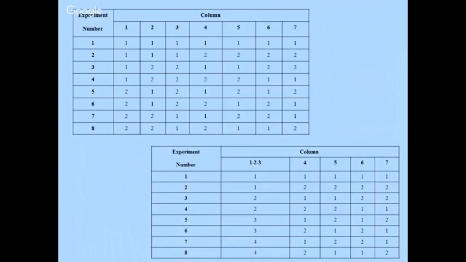He has merged 3 columns, 1, 2, and 3. So by merging this, though earlier it was possible only to study 2 levels of a factor, now it is able to study 1, 1, 2, 2, 3, 3, and 4, 4. So now it is able to study 4 levels of a given factor by using a 2-level orthogonal array. So this is what is meant by the column merging method.